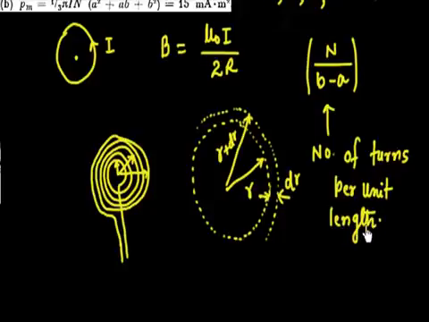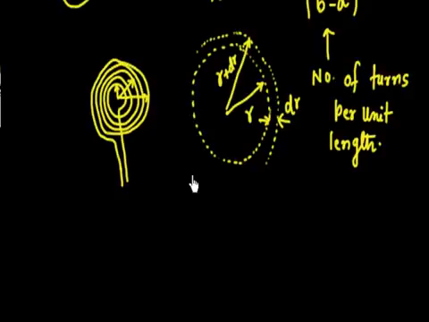So this is easy. Now how to find the total number of turns in dr width? You have a dr width and I know the number of turns per unit length. So now I can find the total number of turns in dr width.